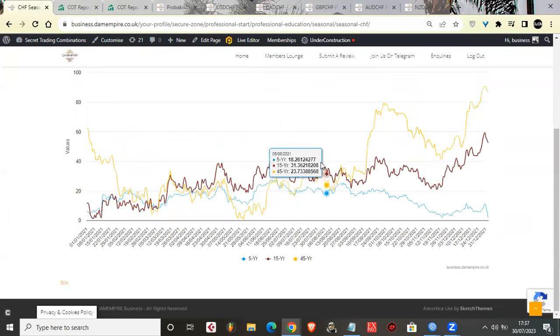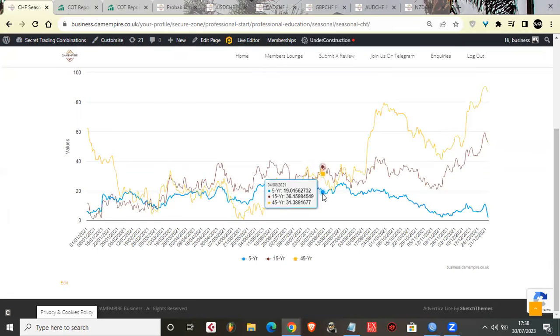Okay, where is it? Yeah, so with the 5 years, you can see the 5 years is kicking back. That's why I'm very careful. So that's why I call it high risk, because now the 5 years is not doing exactly what we expect it to do, but overall it seems to bottom out around the same level. And that's why I'm taking this trade and I'm saying it's a high risk trade.